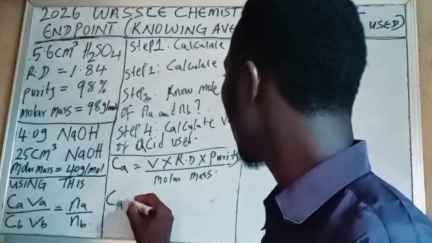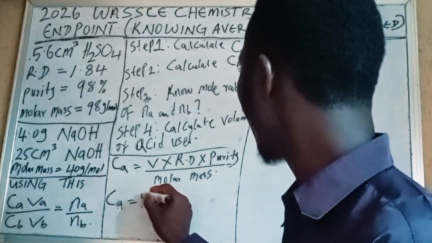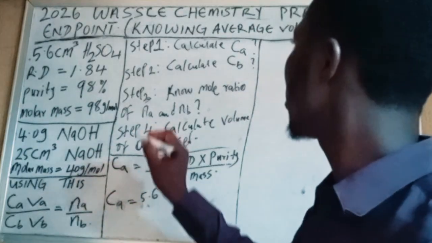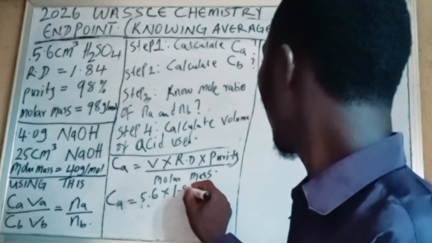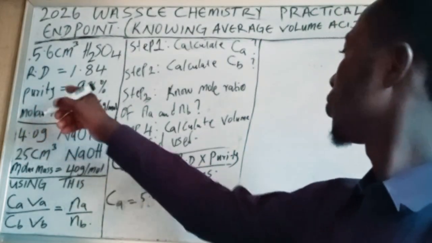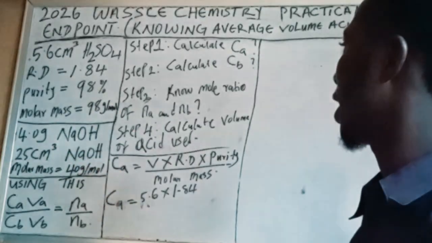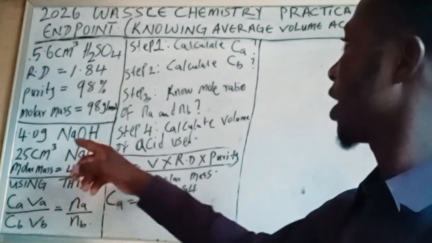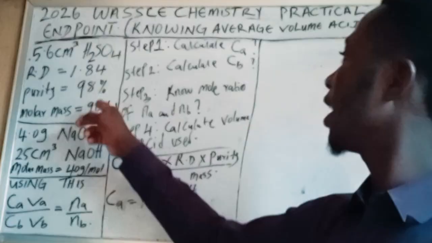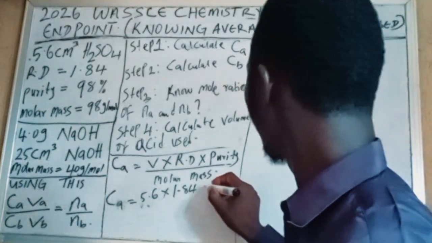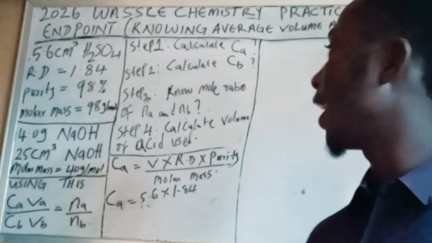We now substitute the values into the formula. CA is equal to our volume, 5.6, times relative density, 1.84, times our purity, 98%. We are not going to put 98% since it's a percent. When you divide 98 by 100, it will give you 0.98.